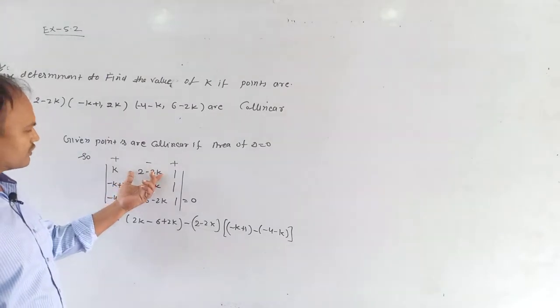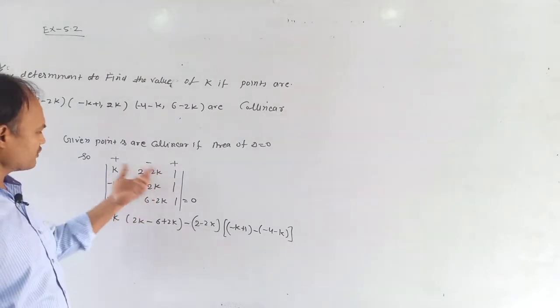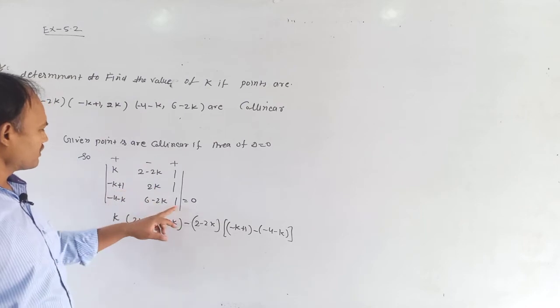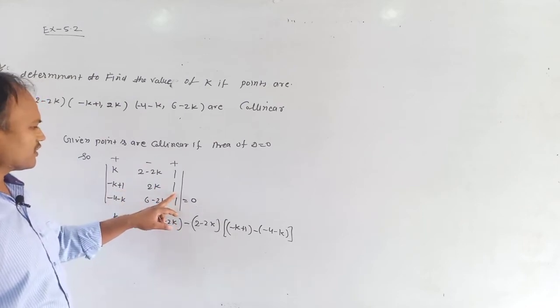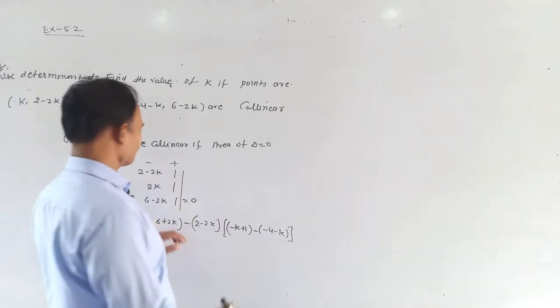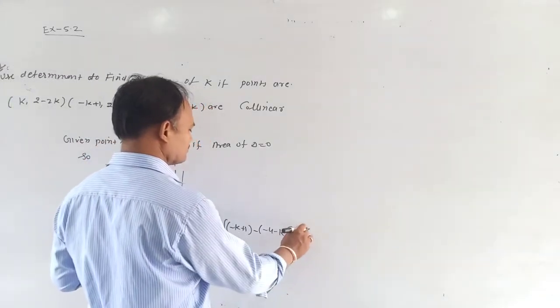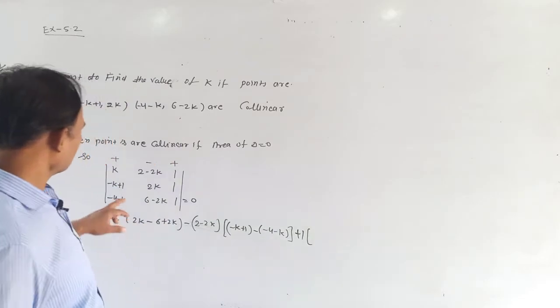When we open this, this is removed, so it is minus k plus 1 multiplied by this, and it is multiplied by minus 4 minus k, and a negative sign is between them. Okay, it is plus 1 now. What about here?